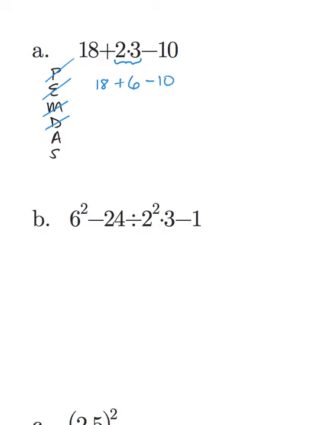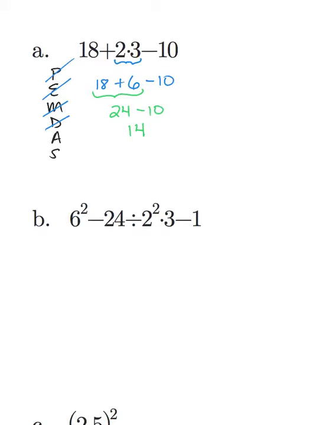My next step is addition and subtraction. We can do these from left to right, or remember that as long as you remember minus means a negative and we're adding, you can combine these in any way that you want. I'm going to go ahead and start with 18 plus 6 gives me 24, minus 10 gives me 14, and we're done.